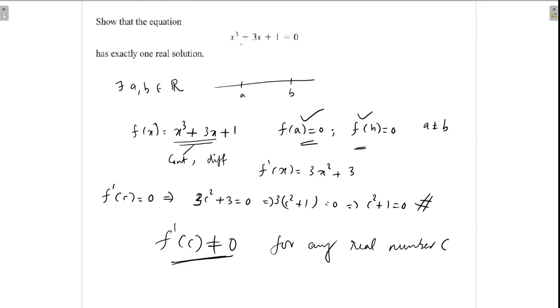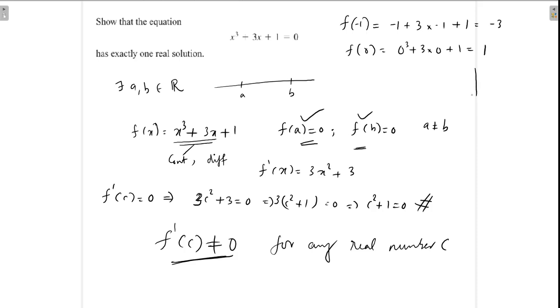Because of x^3 + 3x + 1, evaluate f(1) first: 1 + 3 + 1. Or evaluate f(-1): -1 + 3 times -1 + 1, that will be -3. And if you evaluate f(0), that is 0^3 + 3 times 0 + 1, equal to 1.